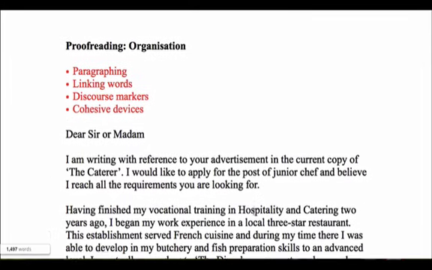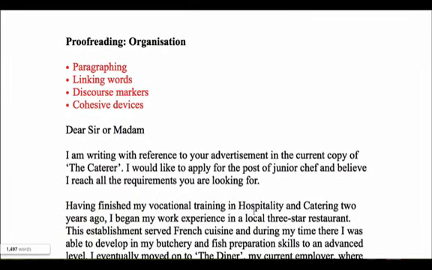Now, what about organisation? Well, as we saw in the second lesson in this video series, organisation really refers to 4 different things. First of all, we have the use of paragraphs, whether the writer has organised their work into clear and logical paragraphs.